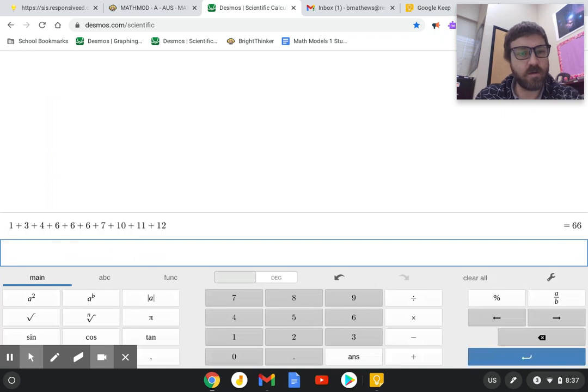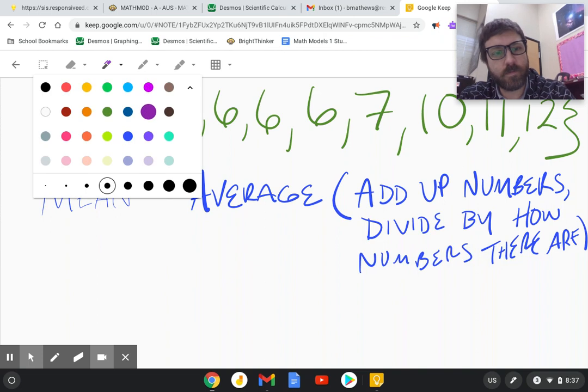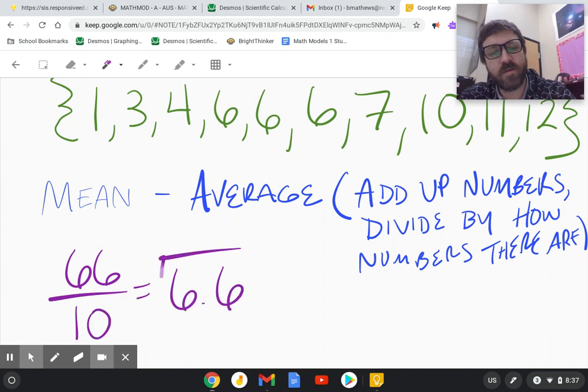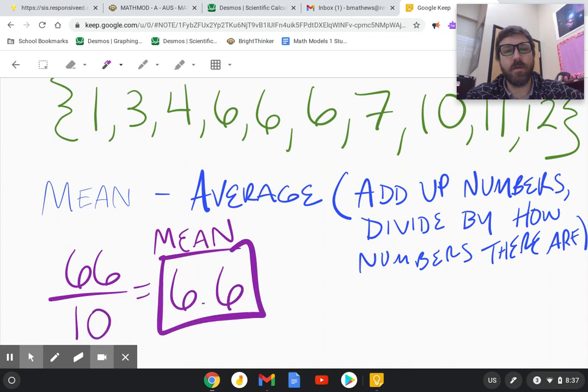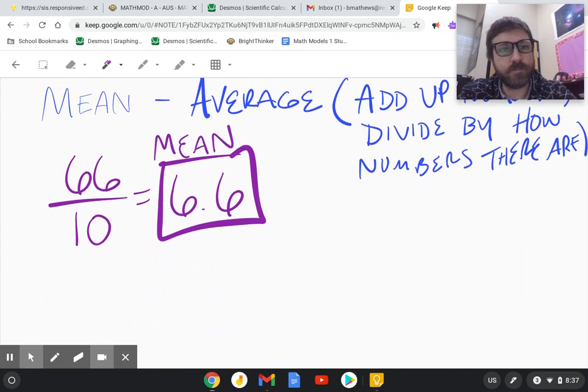And then there are 1, 2, 3, 4, 5, 6, 7, 8, 9, 10 values. So 66 divided by 10 values, and we get 6.6 as our mean. So add up the numbers, divide by how many numbers there are.